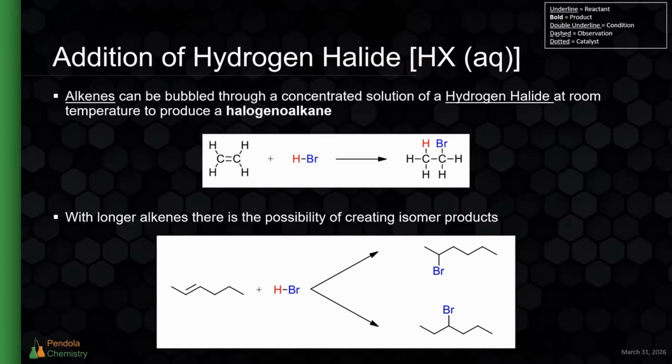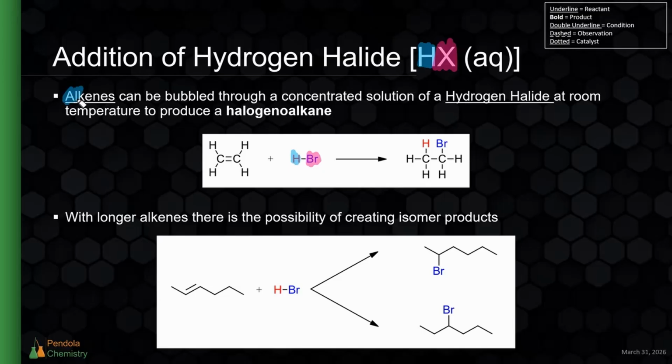We have our hydrogen in the hydrogen halide bonded to a halogen. And again, the halogen could be a number of different things. In this example we're seeing here, the halogen is bromine, and that bromine is bonded to a hydrogen. So what do we get when we do addition of hydrogen halides?